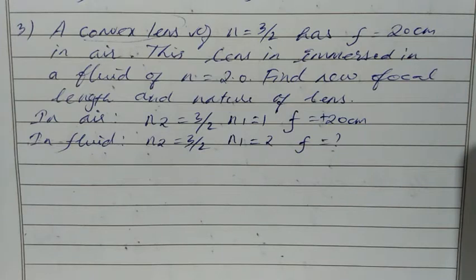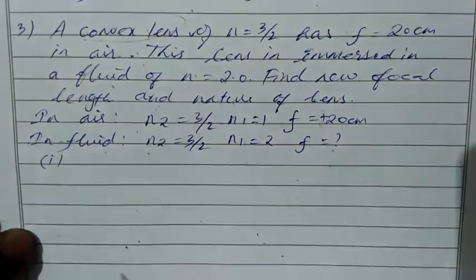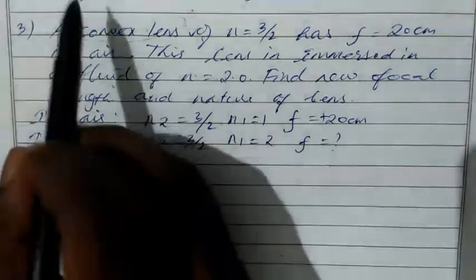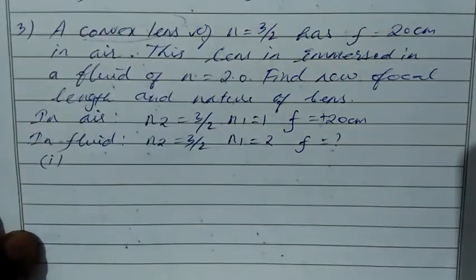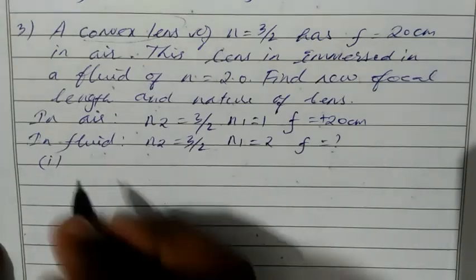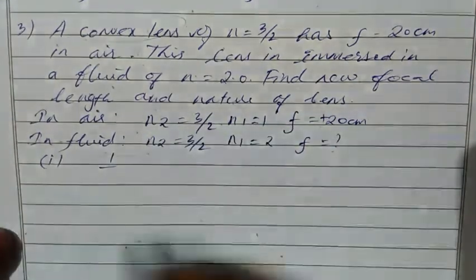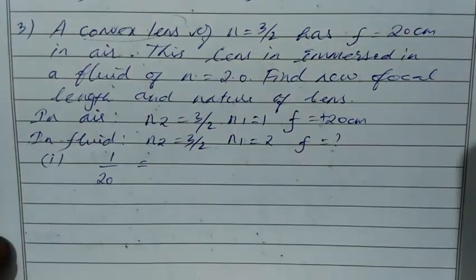Okay, so we will solve. For the first case, in air, we have the formula 1 by F equal to (N2 by N1 minus 1) into (1 by R1 minus 1 by R2). So we substitute that formula. 1 by F is 1 by plus 20 equal to (N2 minus N1) divided by N1.